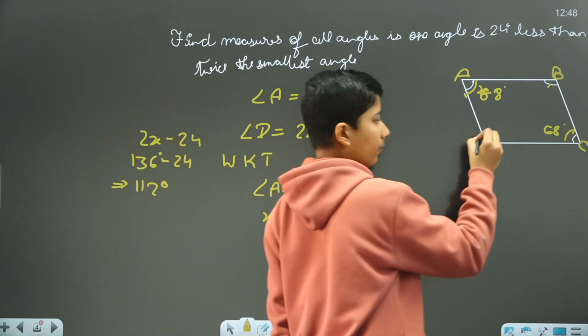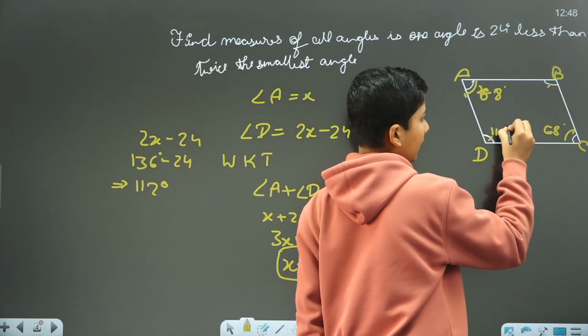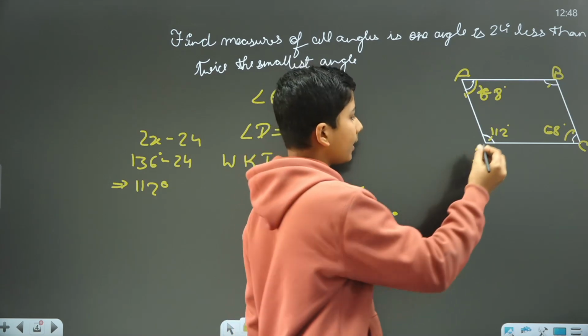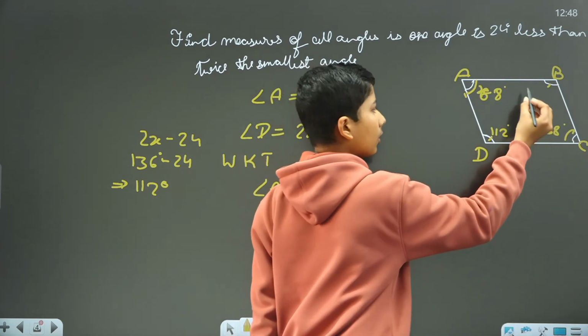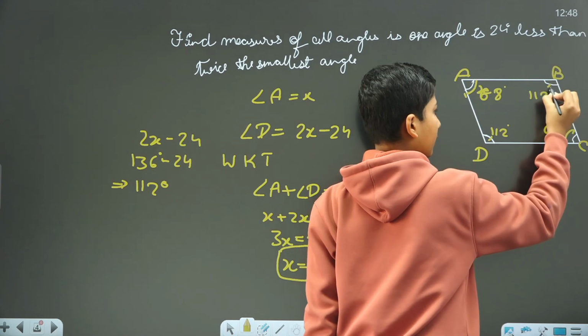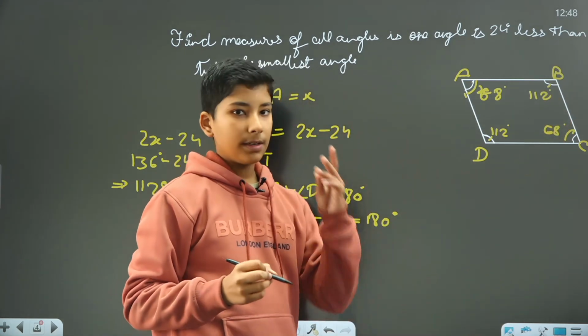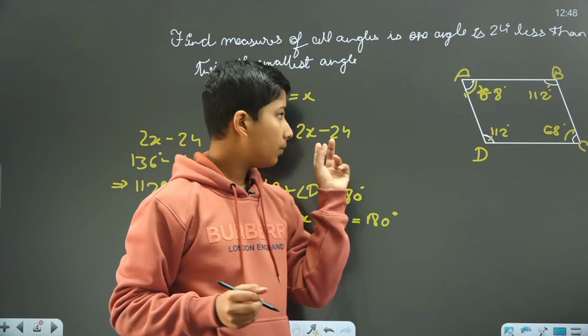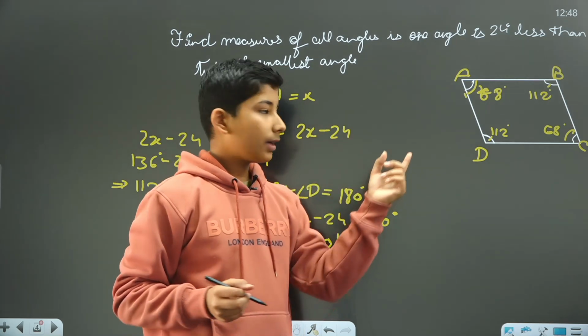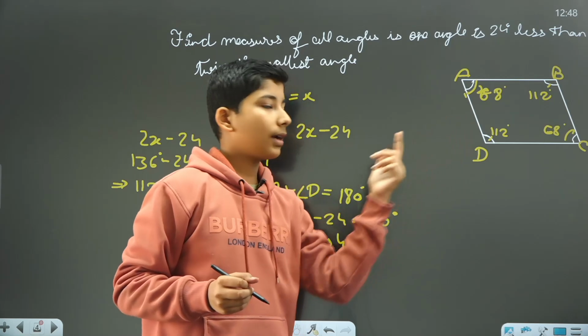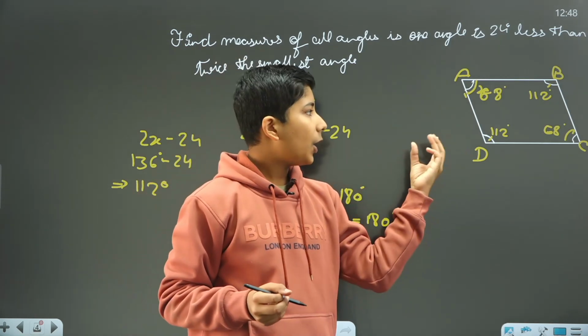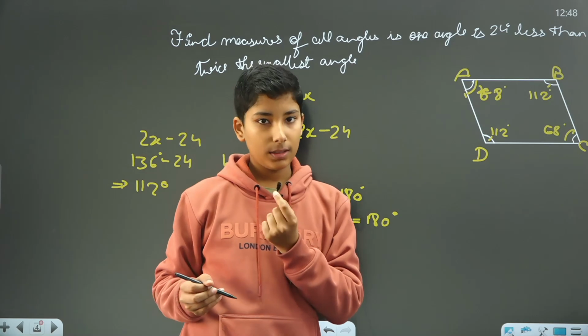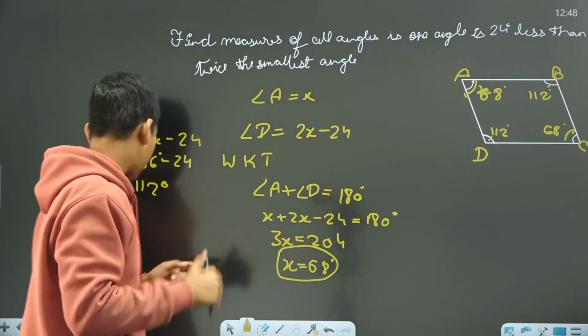Okay, this will be 112 degrees, and this is 112, so this also will be 112 degrees. Okay, and if you want to check that all the angles are correct, just add all of these. If the sum is 360, then your answers are correct.